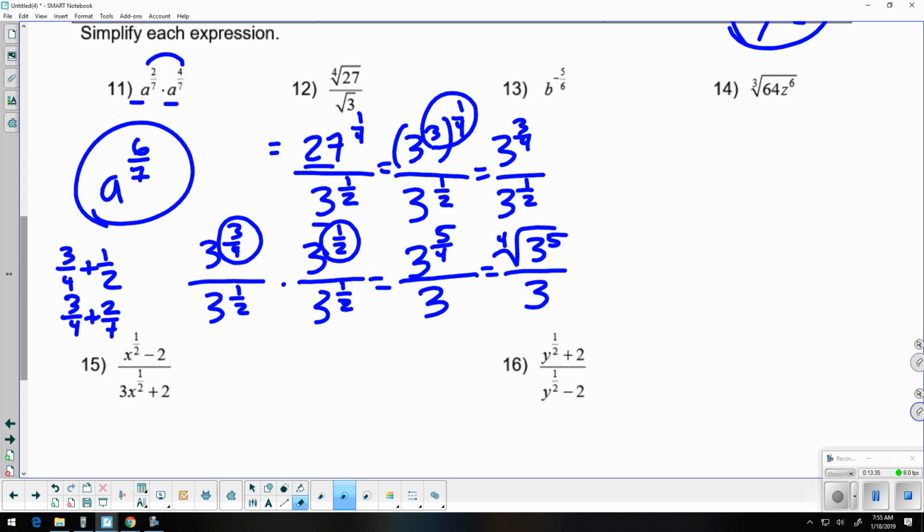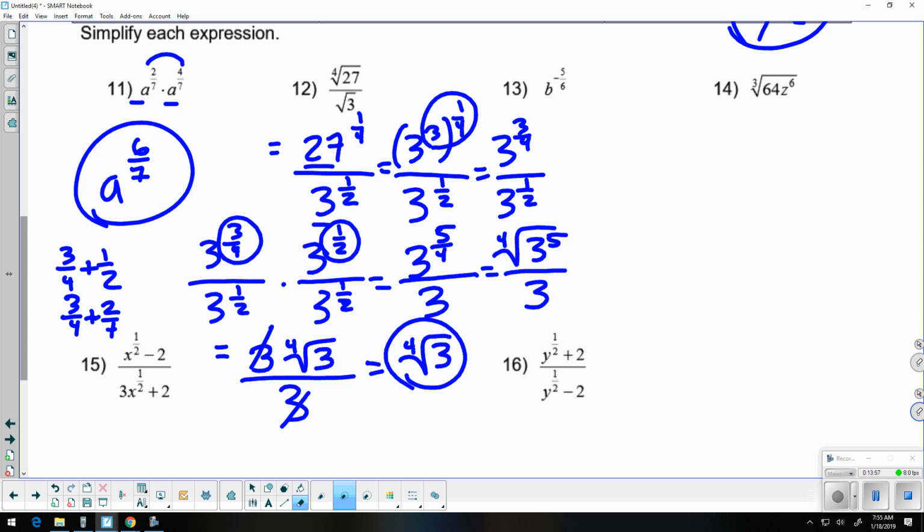So on top, I would be able to take out one group of 4 3s. I would still have the fourth root of 3 left over because I still have one left out of the 5. But the whole point of doing that is because these cancel. 3 over 3 is just 1. So my final answer would simply be the fourth root of 3.